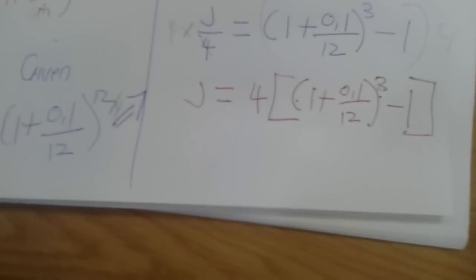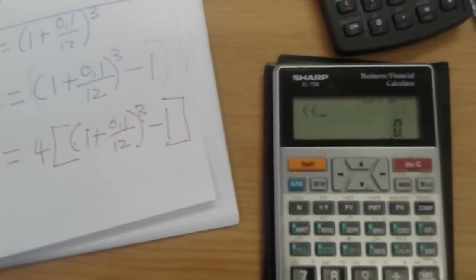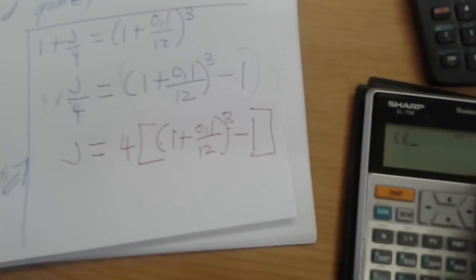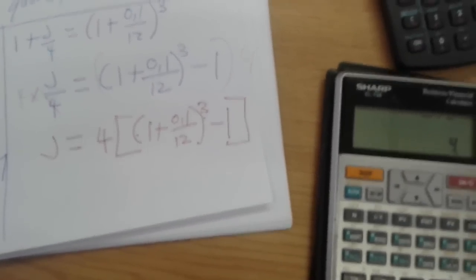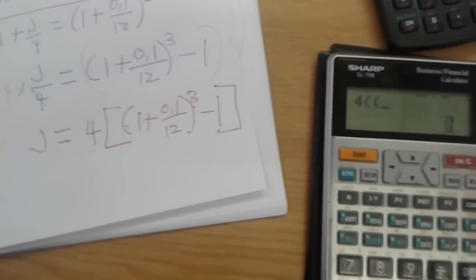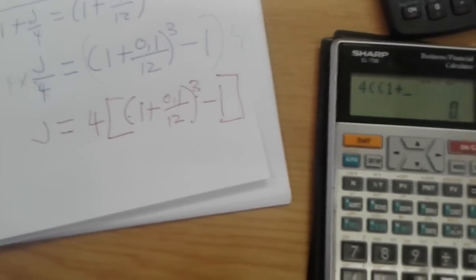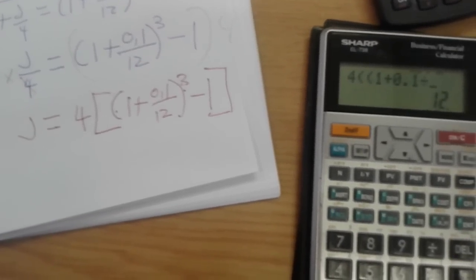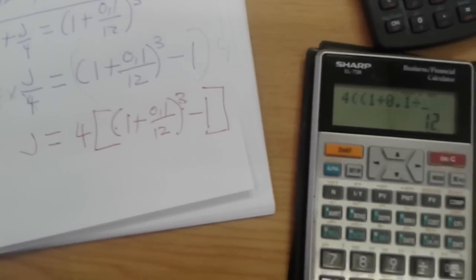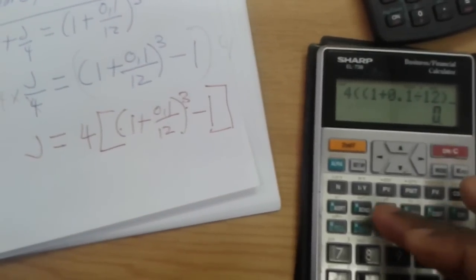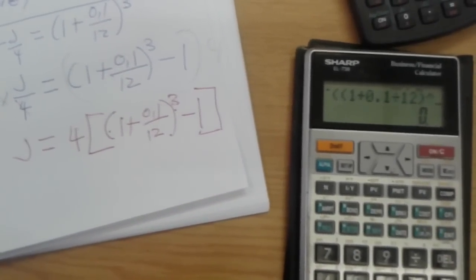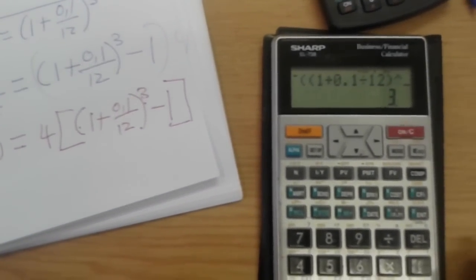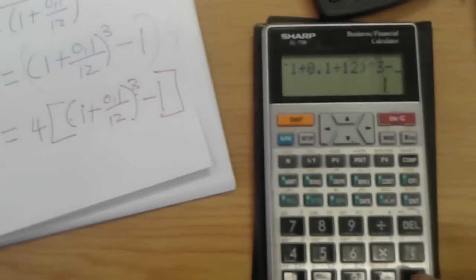So again, you punch it as it is in the calculator. You open 2 brackets, then you first press 4, you open 2 brackets, then you go 1 plus 0.1 divided by 12, then you close the bracket and you raise it to the power of 3, right, and you minus 1 and you close the second bracket.